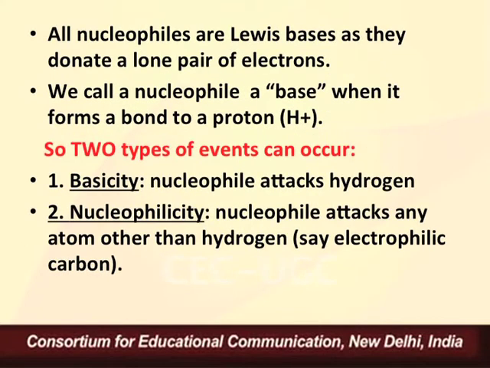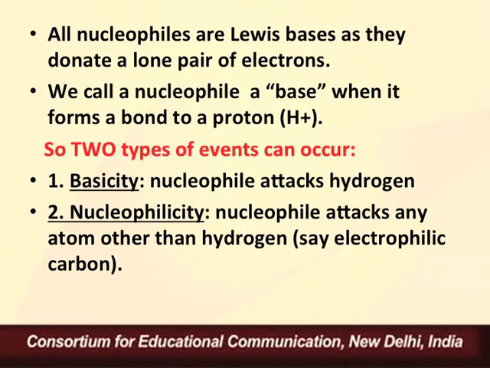All nucleophiles are Lewis bases as they can donate a pair of electrons. We call a nucleophile a base when it forms a bond to a proton. So, two types of events can occur. First, what is basicity?